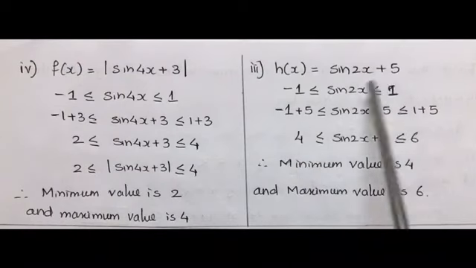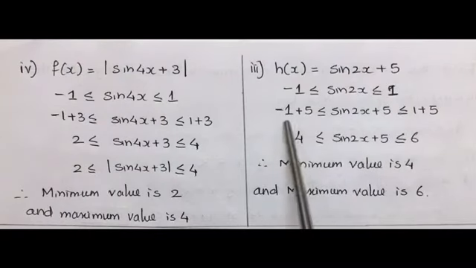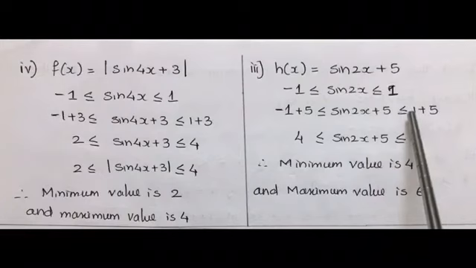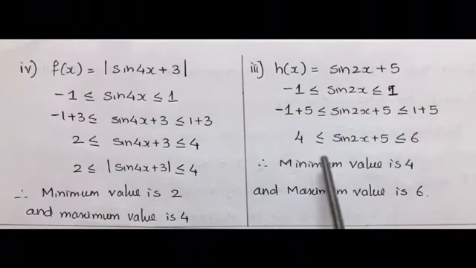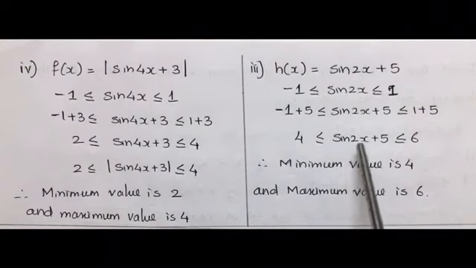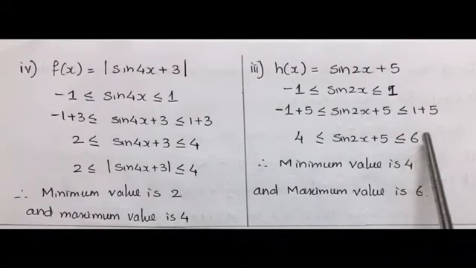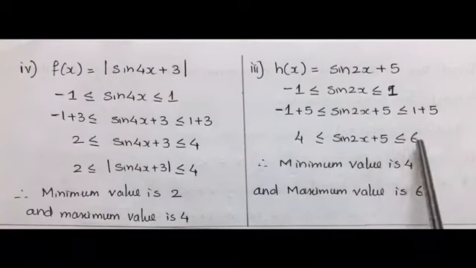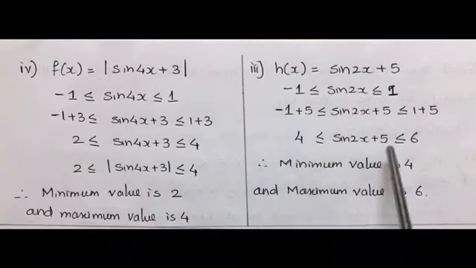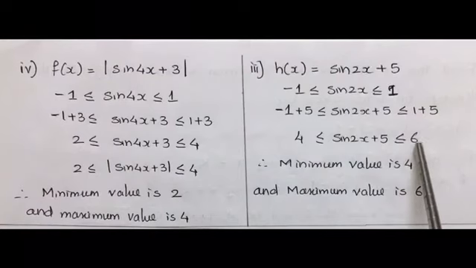So adding 5 with this inequality, we get -1 plus 5 less than or equal to sine 2x plus 5 less than or equal to 1 plus 5. -1 plus 5 is equal to 4, less than or equal to sine 2x plus 5, less than or equal to 6. Now just finding out the minimum and the maximum value, the minimum value is 4 and the maximum value is 6.